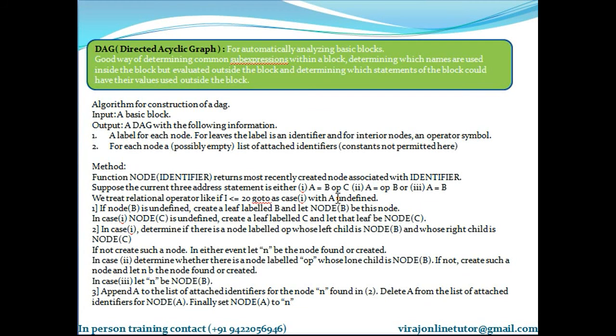Check if there is a node op whose left child is node B and whose right child is node C. If not, create such a node. In either event, let n be the node found or created.